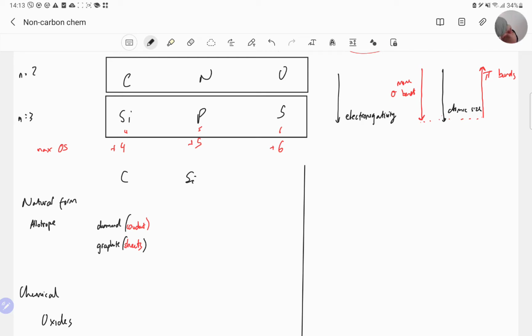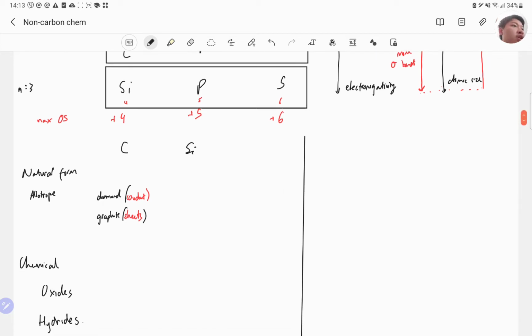I'm just searching up why graphite has pi bonds. So in the graphite structure, 2 of them make single bonds.